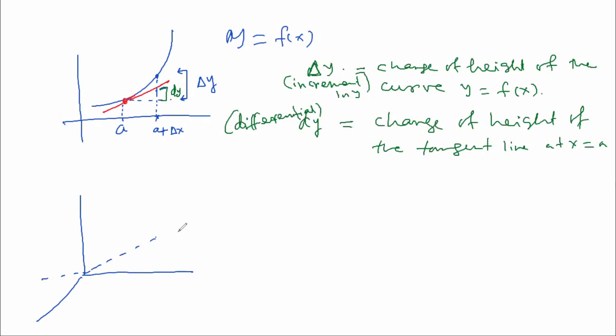So suppose the point is, let's say I'm taking (a, b), this is the point, and the corresponding surface looks like, let's see, looks like this. So this is z equals f of x, y.